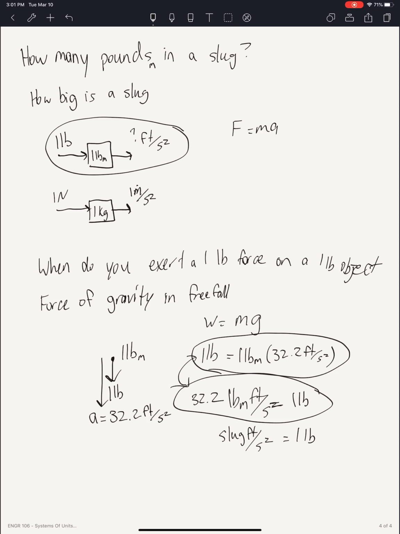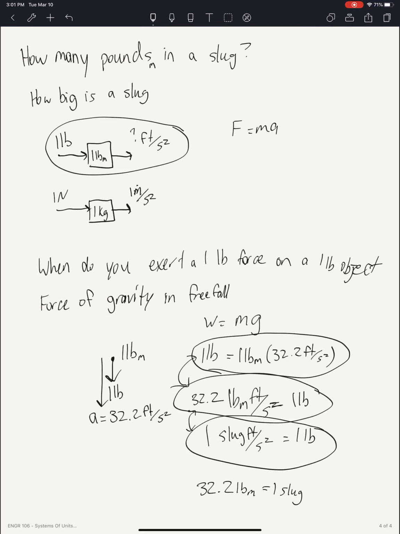Can you take these two equations to figure out the relationship between a pound mass and a slug? You ought to. I mean, they have a lot in common. You would simply find that there are 32.2 pounds mass in one slug.